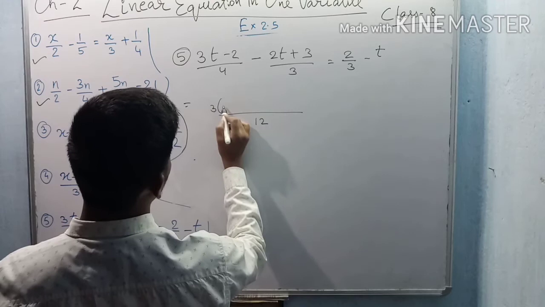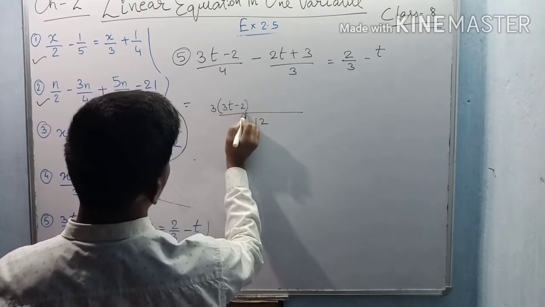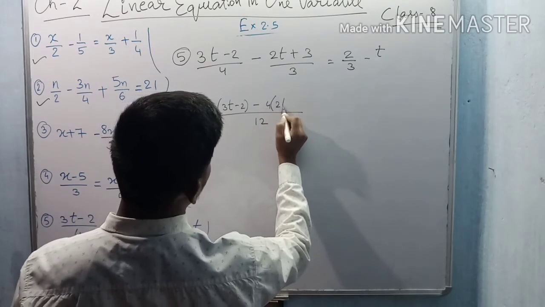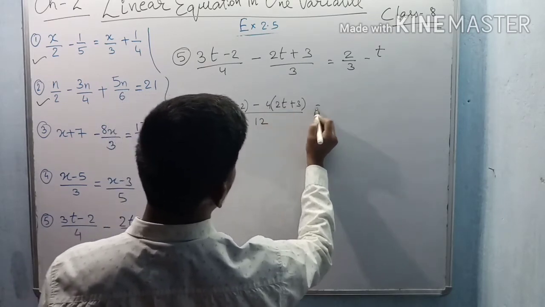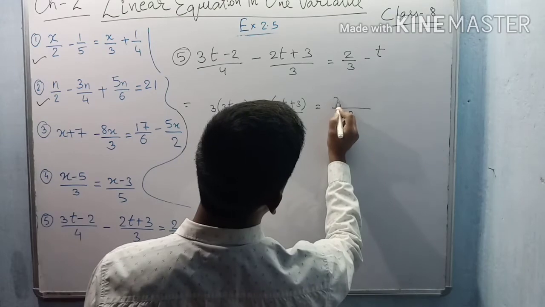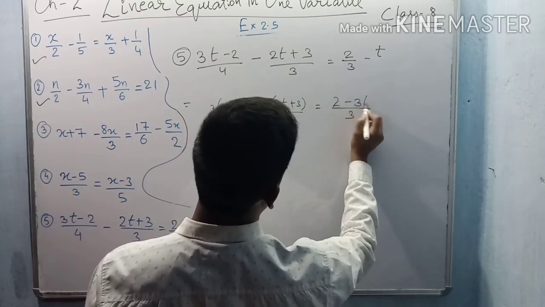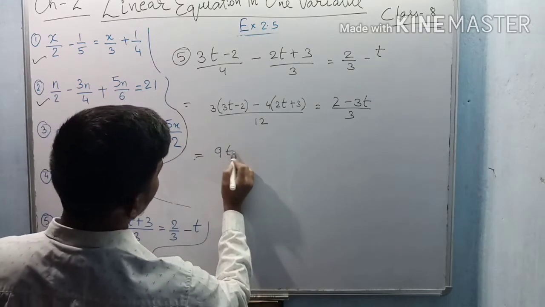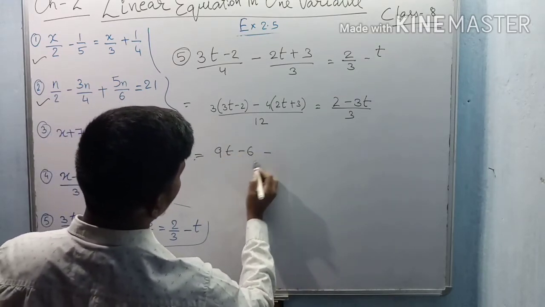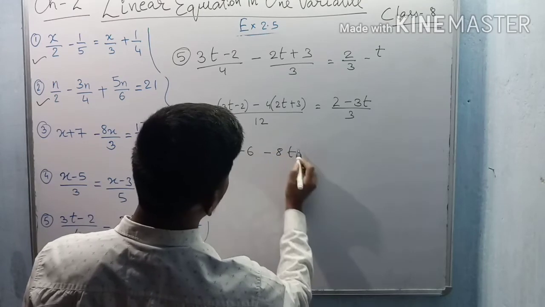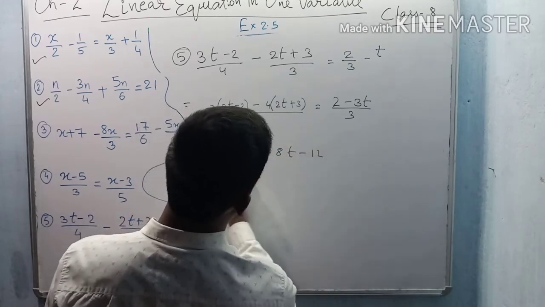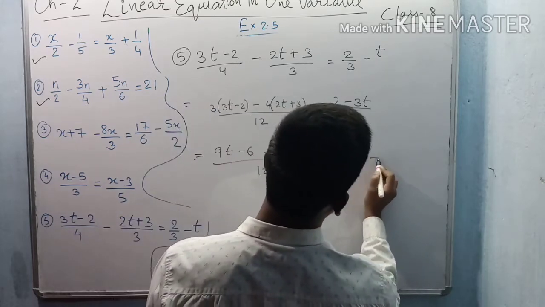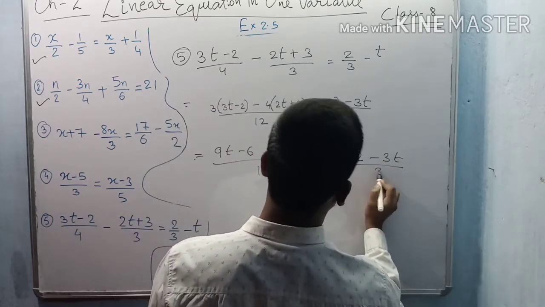So 3(3t minus 2) minus 4(2t plus 3) equals, here the LCM will be 3, so (2 minus 3t) by 3. 3 threes are 9t minus 3 twos are 6 minus 4 twos are 8t minus plus minus 4 threes are 12, by 12 equals 2 minus 3t by 3.